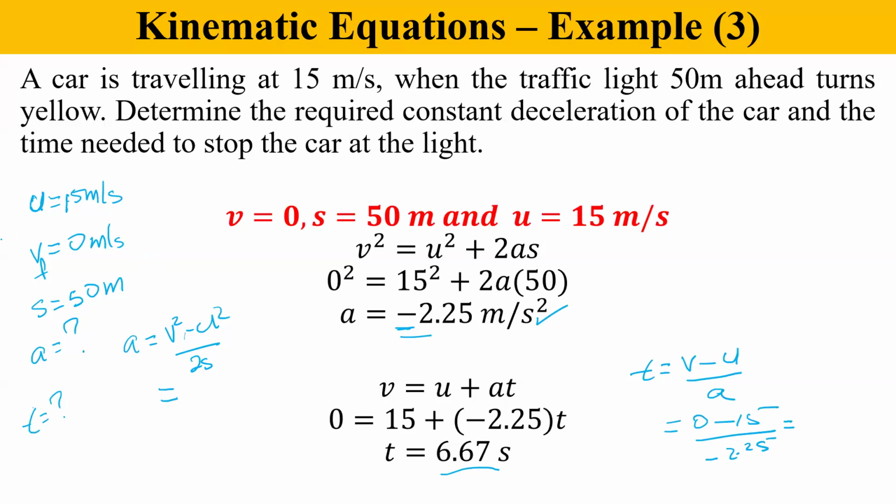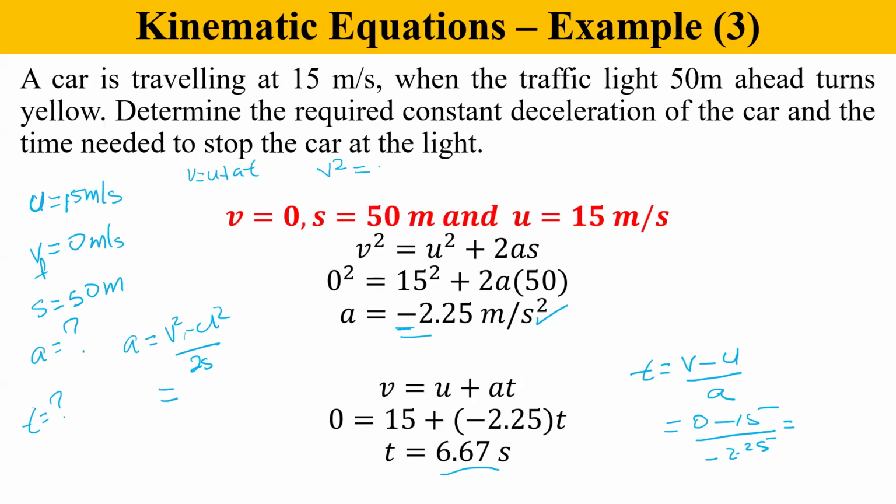So you know V is equal to U plus AT, right? That one is easy to remember. Then you know you have your other equations of motion. So you could have the second one or third, which is really the 4th. So there are 3 of them that stand out.